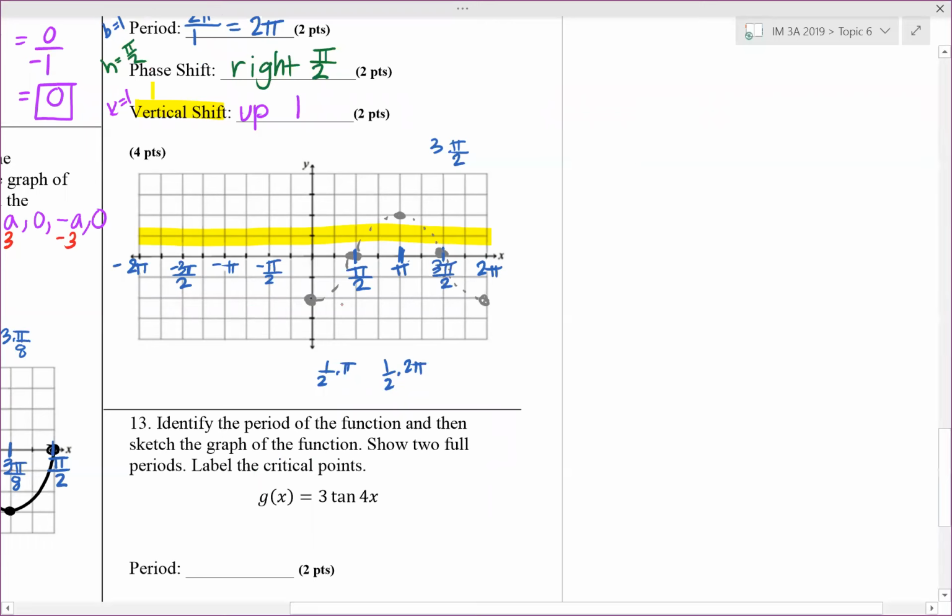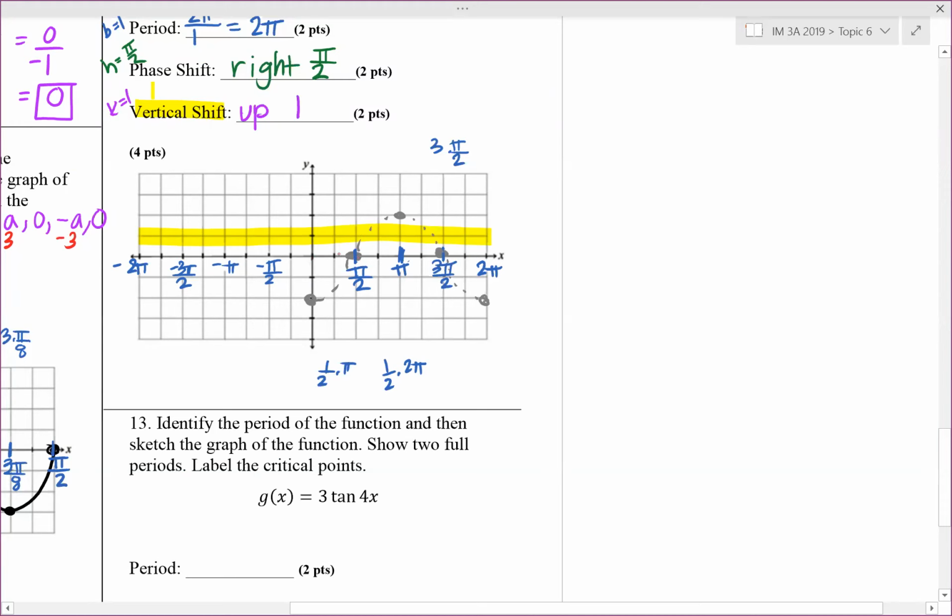So since these are dots, I'm going to use X's to draw my movement. So I'm moving every point right pi over 2 and up 1. So the up one's easy because it's literally one box. The right pi over 2, remember though, I have to check where is pi over 2 on my x-axis. So since pi over 2 is 2 boxes on my x-axis, I'm going to move every point to the right 2, up 1, really.